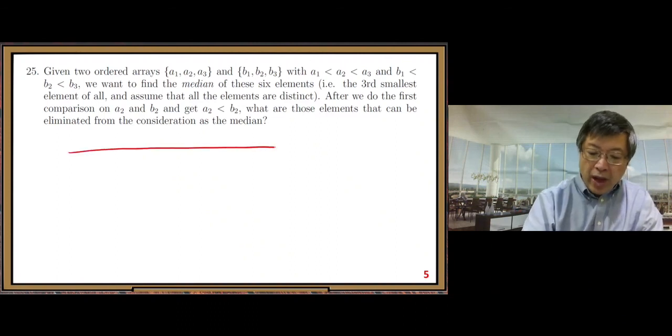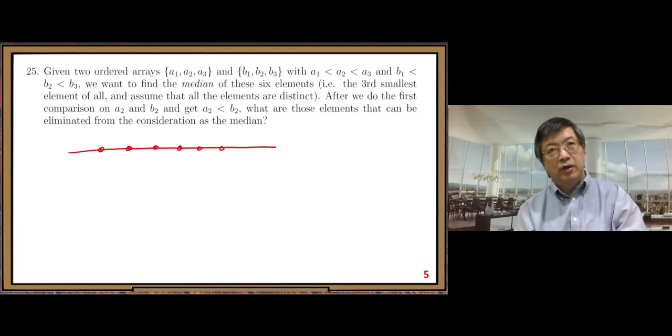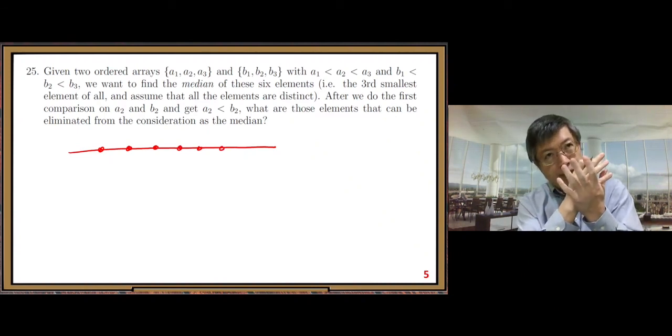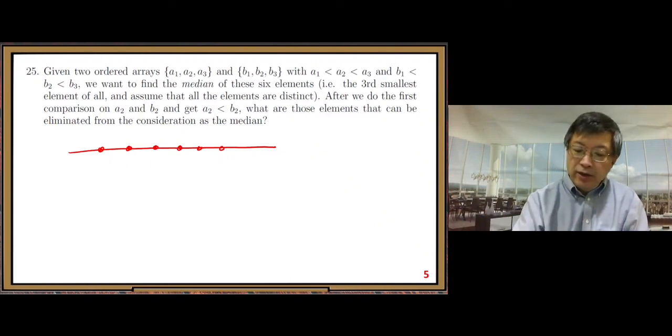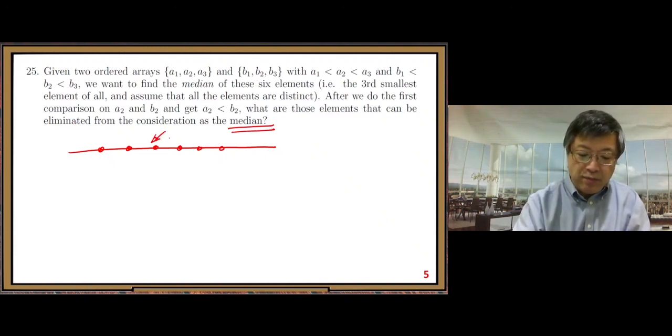Here we have a total of 6 elements: 1, 2, 3, 4, 5, 6. We imagine the whole array is sorted with 6 elements. Then the median, based on our definition, is this one.